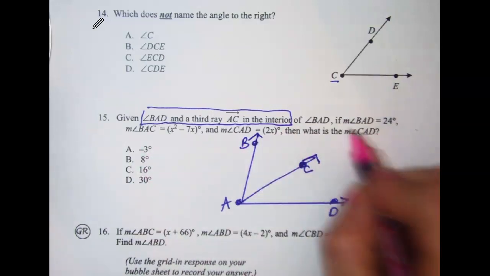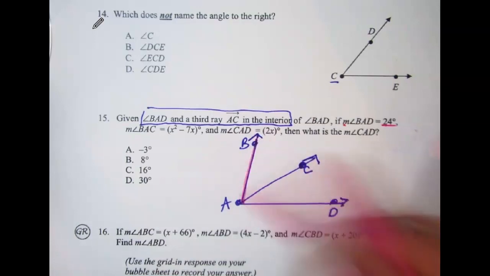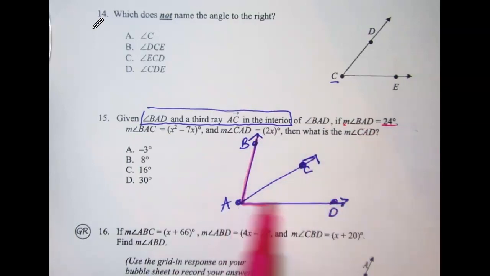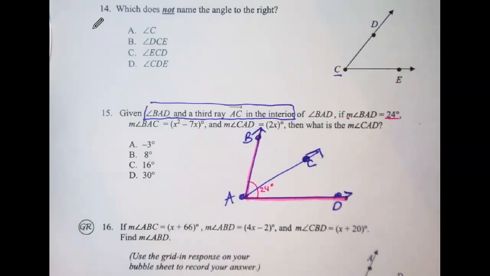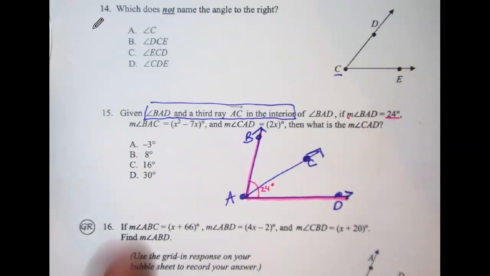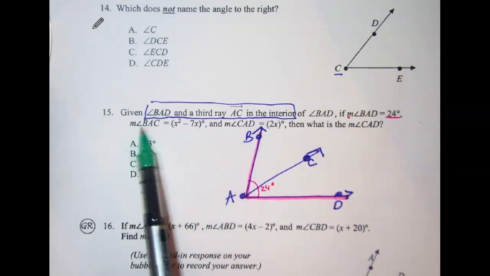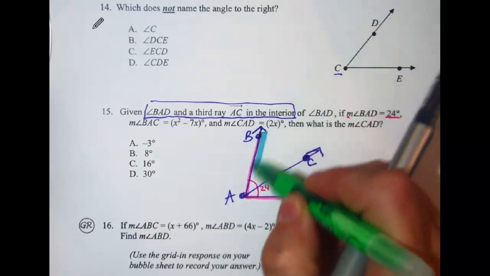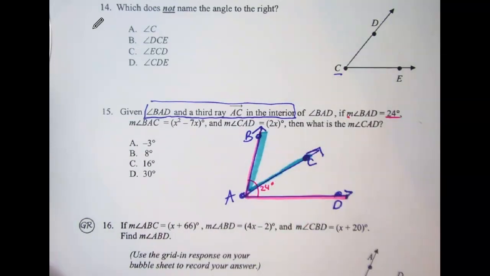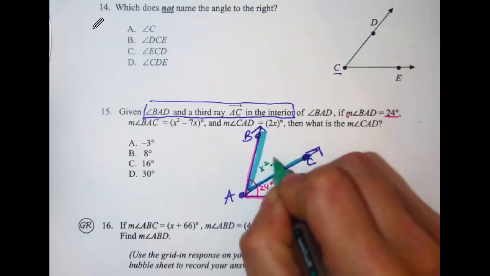So if the measure of BAD is 24, so let's look for BAD. BAD is 24. So this whole thing is 24. Okay, I labeled that. And it says the measure, now we have the measure of BAC. So I'm going to look at BAC. BAC, that's right there, is x squared minus 7x.